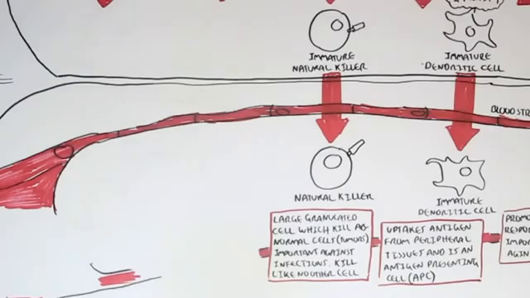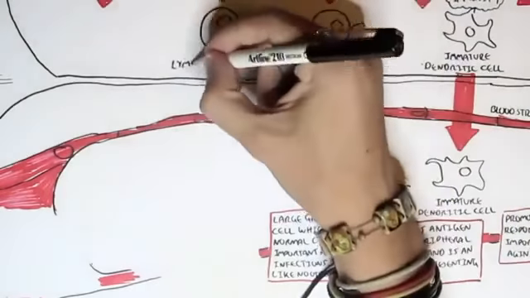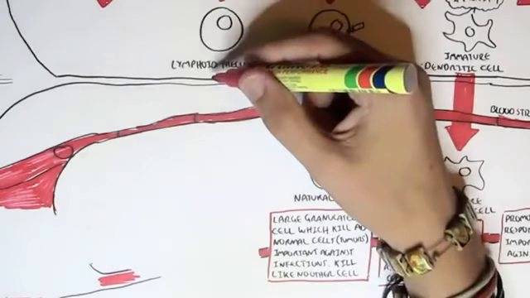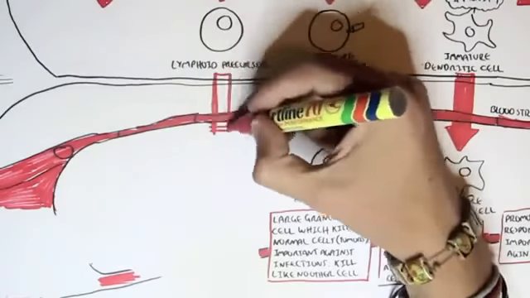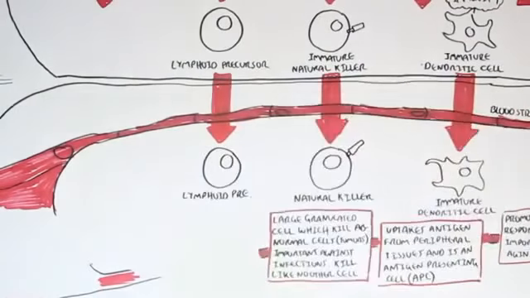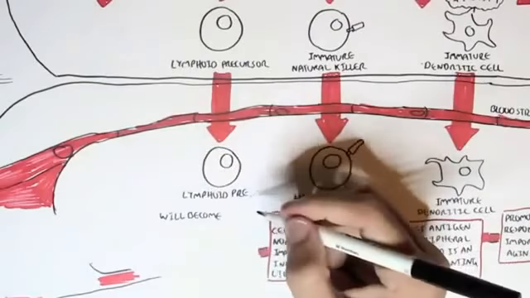Now let's talk about the main adaptive immune cells. The lymphoid progenitor cell will give rise to a lymphoid precursor. This lymphoid precursor will then leave the bone marrow and will still be a lymphoid precursor, but it will travel to the thymus and will mainly become a T cell. So it becomes a T cell in the thymus.